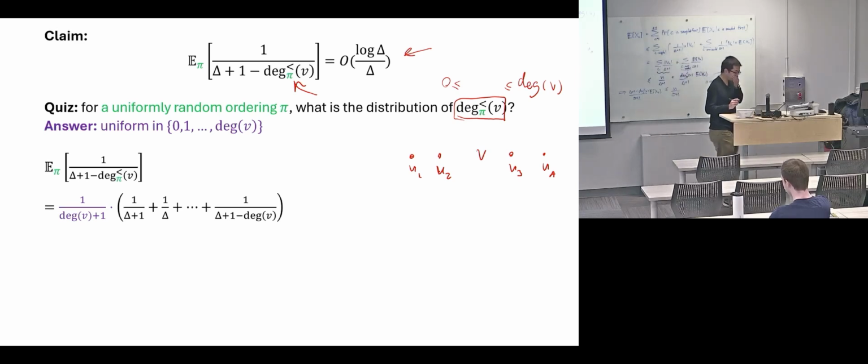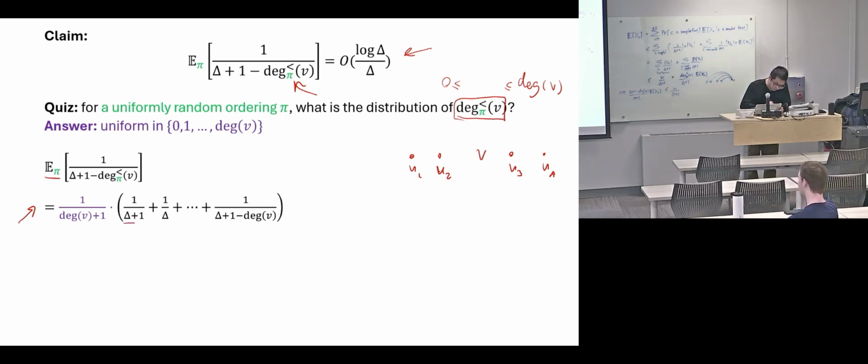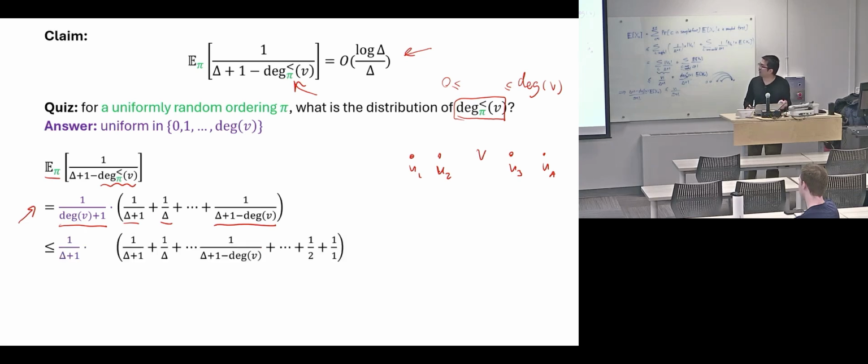From the definition of expectation, each of these values occurs with this probability, because the number of neighbors before v is uniform. And now I claim that this thing is at most this thing.